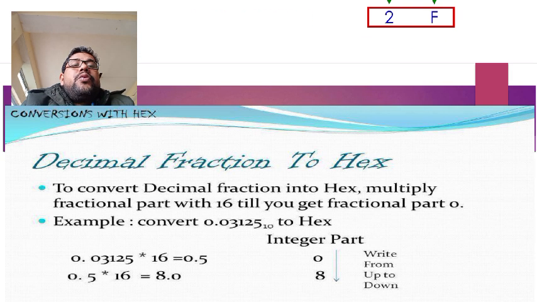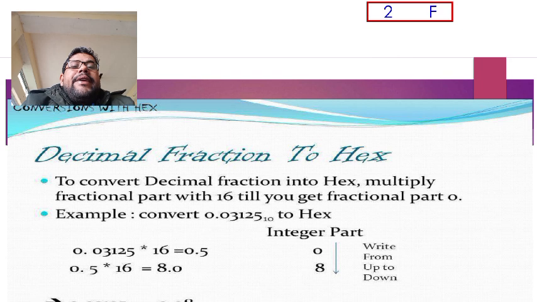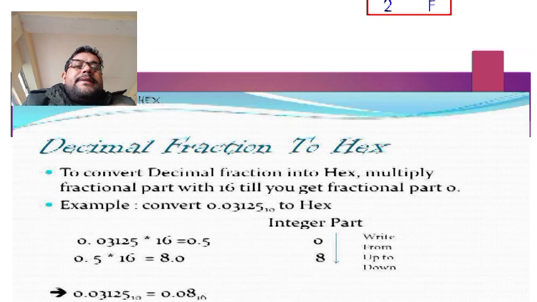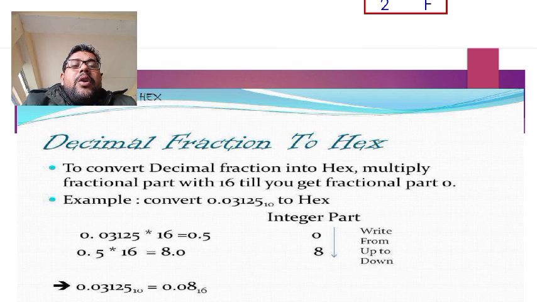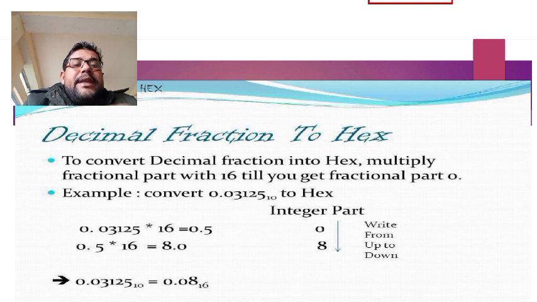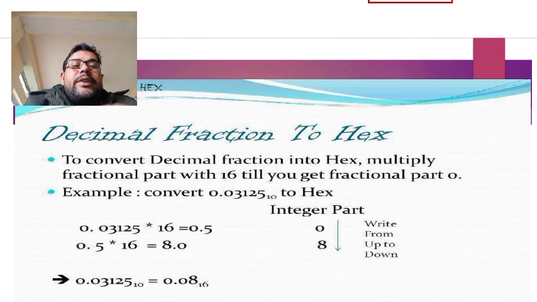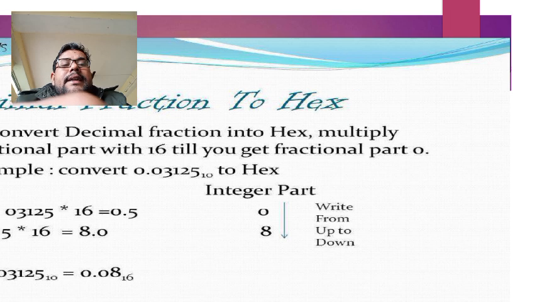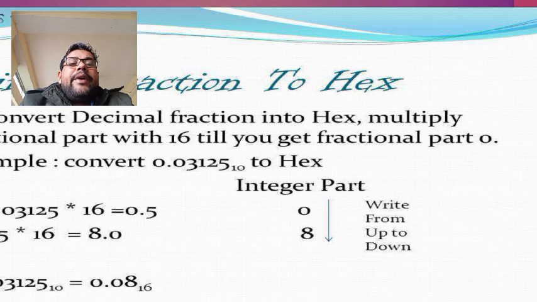Now converting a decimal fraction to hexadecimal. Same process. How to convert? To convert a decimal fraction into hexadecimal, multiply the fraction by 16 and take the integer part, then continue with the remaining fraction part. For example, we want to convert this decimal number into hexadecimal.